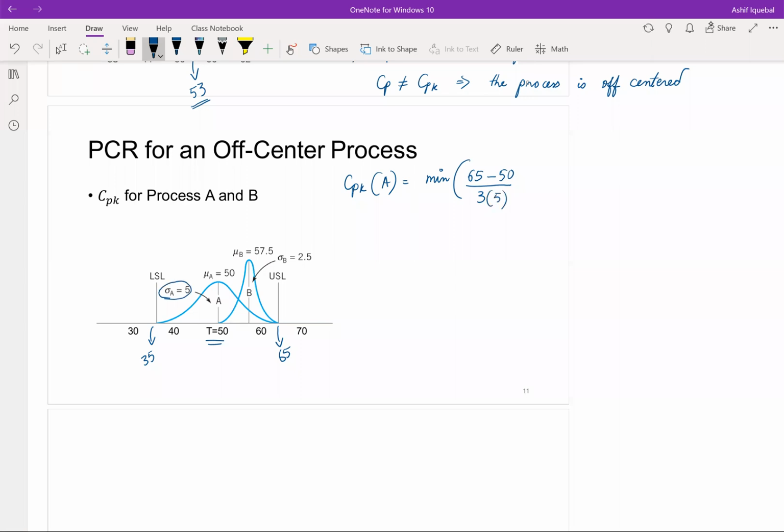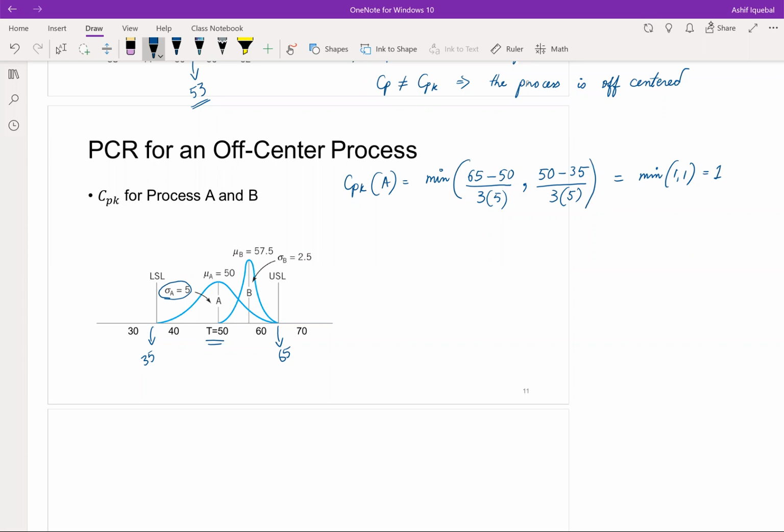So this gives us CPU, comma, CPL. CPL is mu, which is 50, minus the lower specification limit, which is 35, divided by 3 times sigma, right? Just plugging in the numbers here. When you calculate this, you will get minimum of 1, comma, 1, which is 1.